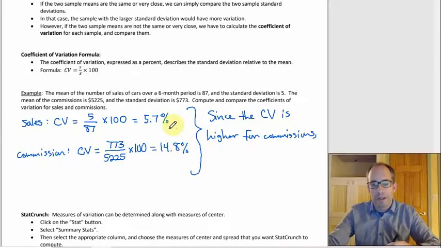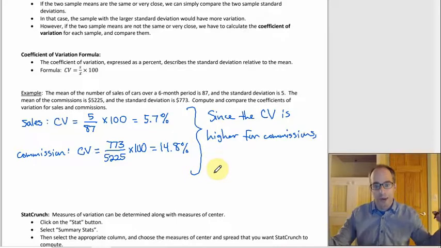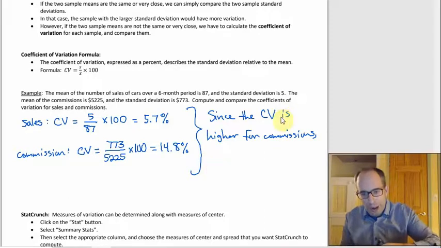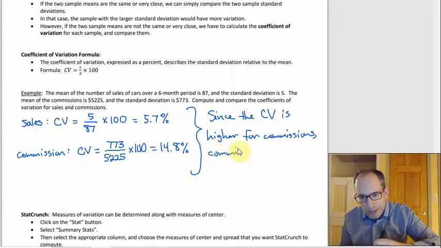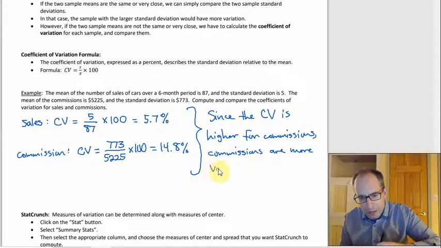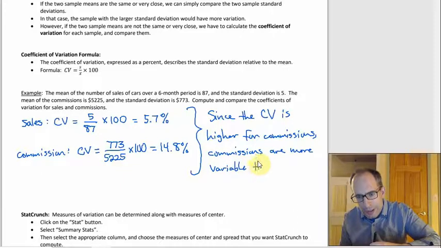Whichever one gives you the higher value for the coefficient of variation, those are more variable. They're more spread out relative to how big those values are. So we can say that commissions are more variable than sales.